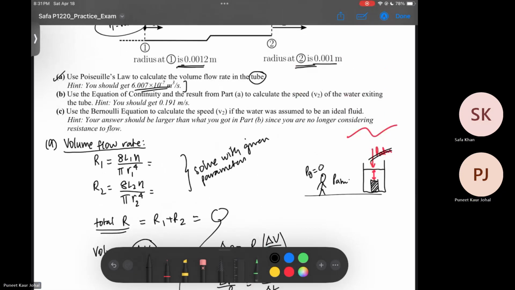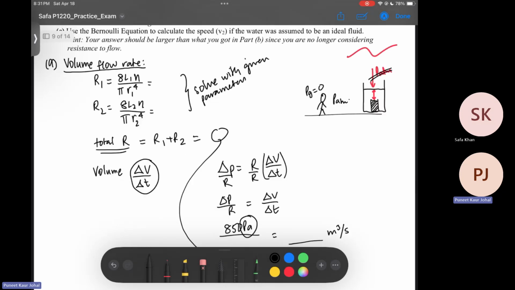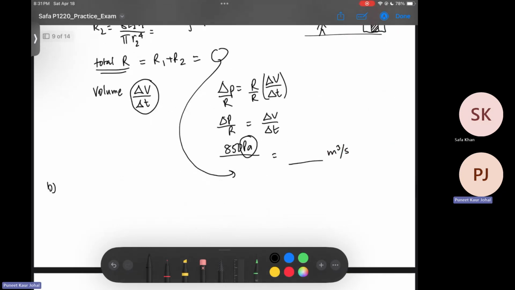Use the equation of continuity and the result from part A to calculate V2 of the water exiting the tube. The equation of continuity is A1 V1 equals A2 V2 equals the total flow rate, right?